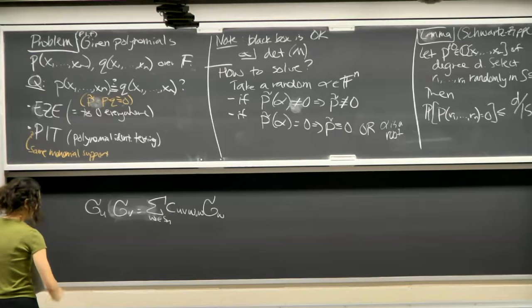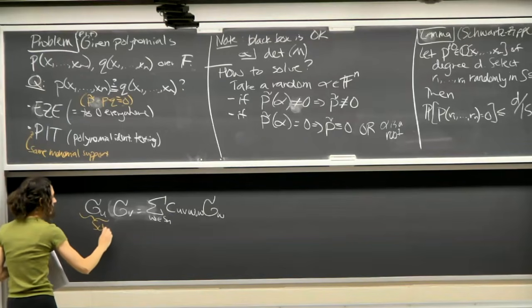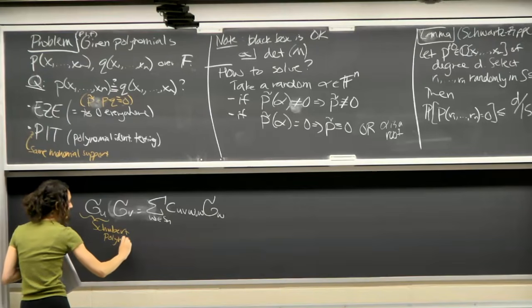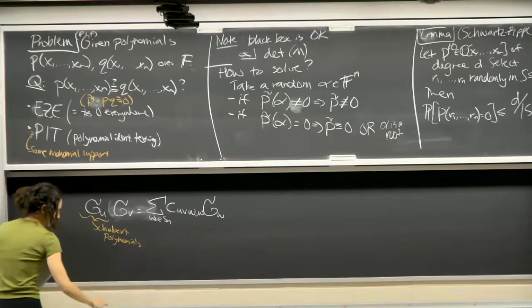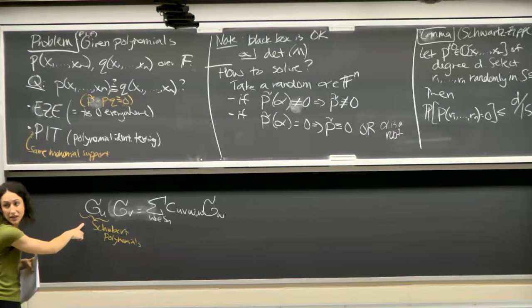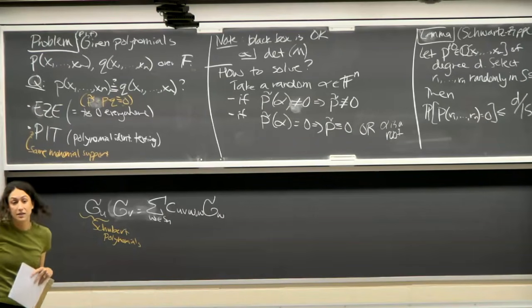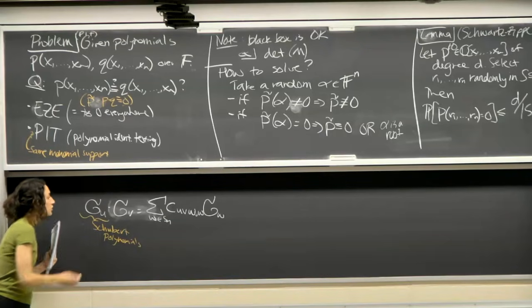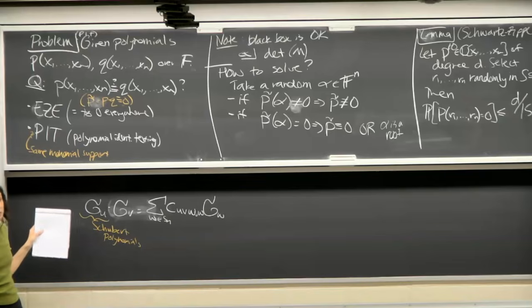Where these are Schubert polynomials, which are the polynomial representatives of the Schubert classes in the cohomology of the complete flag variety. Okay. And so you could hope that you could use the Schubert polynomials in the Schubert expansion, right?